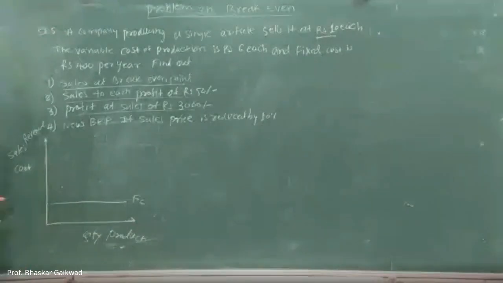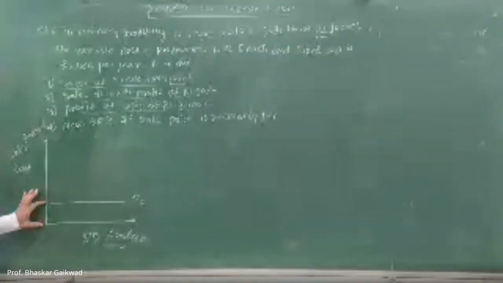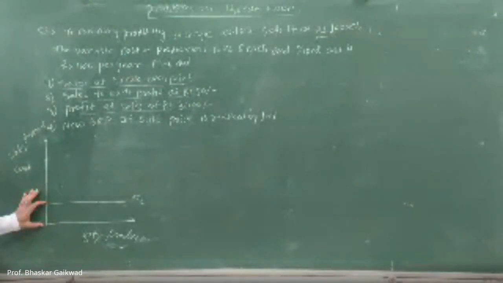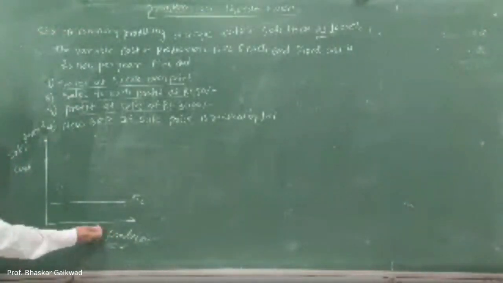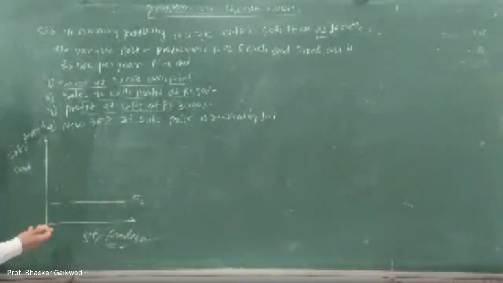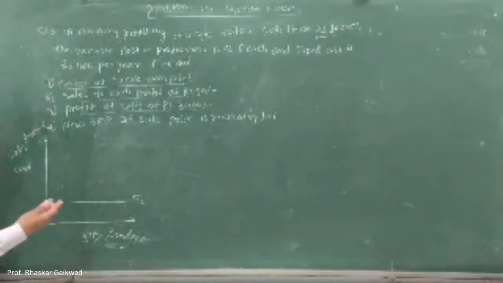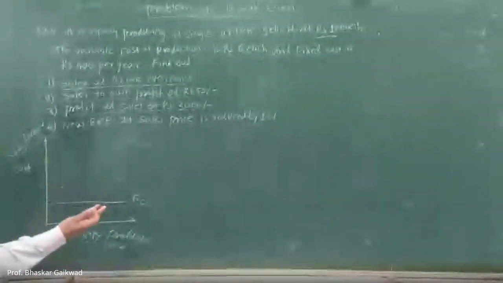Fixed cost is the initial investment to start the industry, maybe related to your machines, measuring instruments, the land, the building. Variable cost means if production quantity changes, the variable cost will change. Variables are like material: once production quantity increases, more material is required, so the related cost also increases.